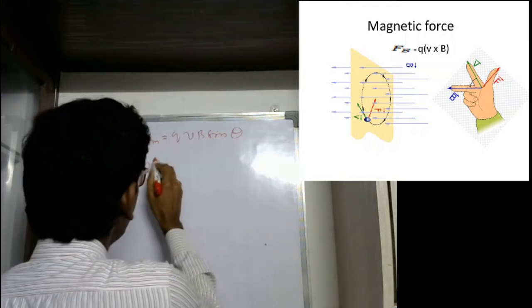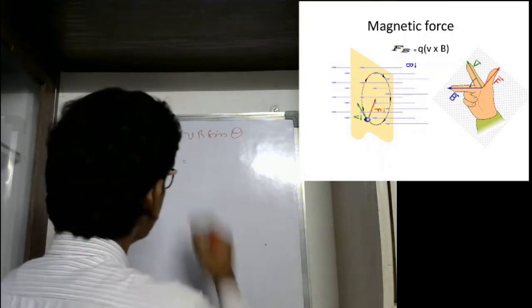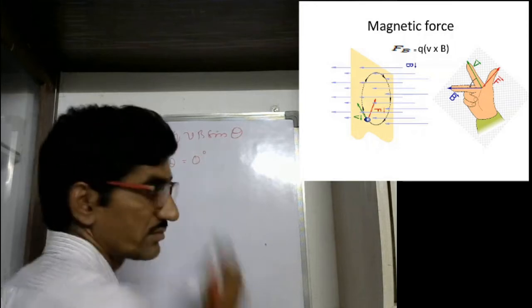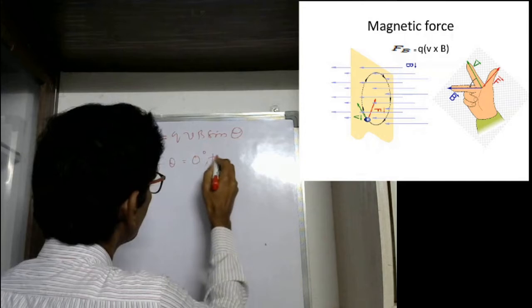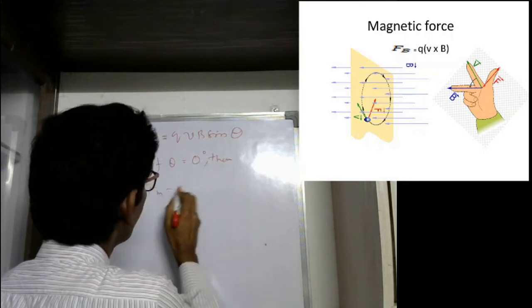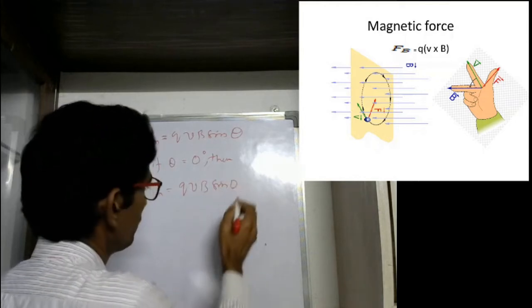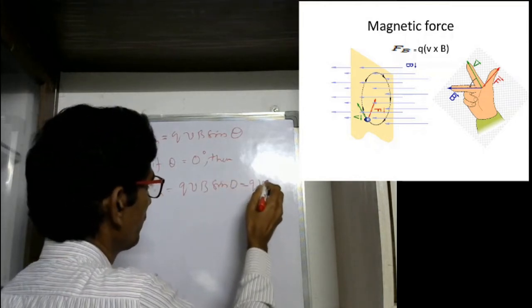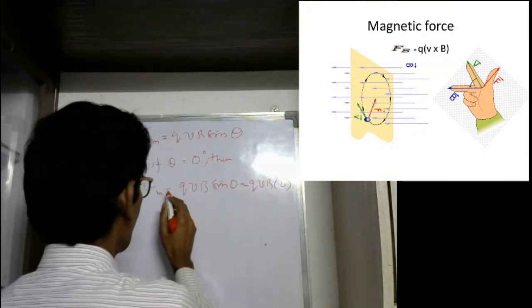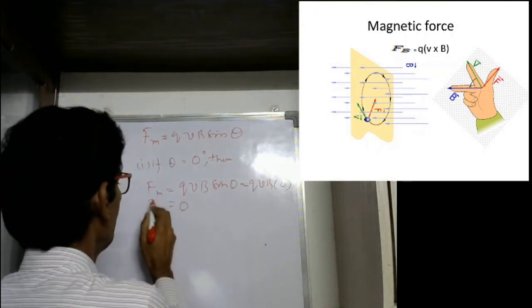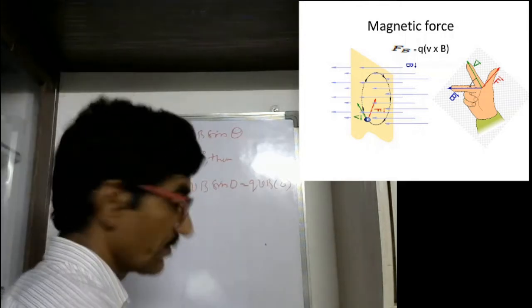If theta is equal to 0 degrees, then F_m is equal to QVB sin 0. Since sin 0 is 0, this is equal to 0. So the magnetic force will be 0.